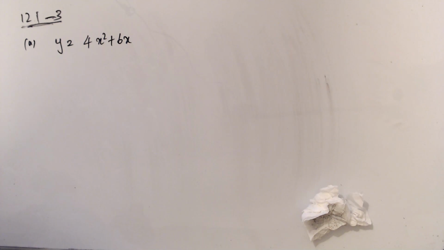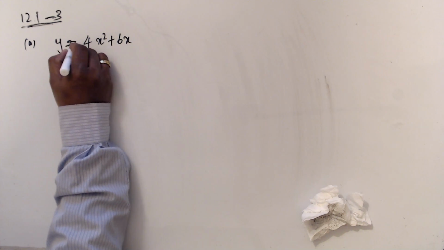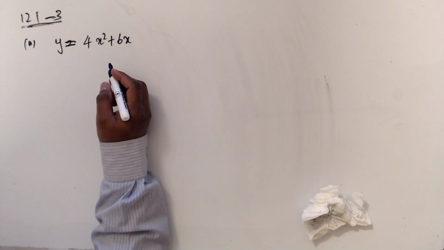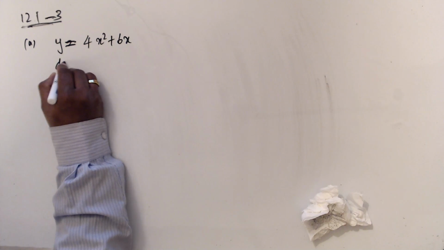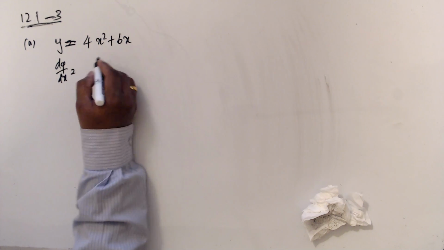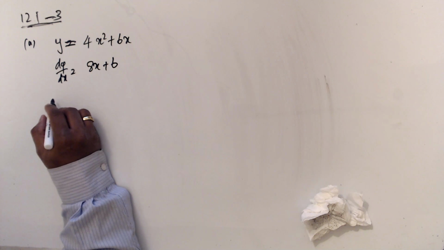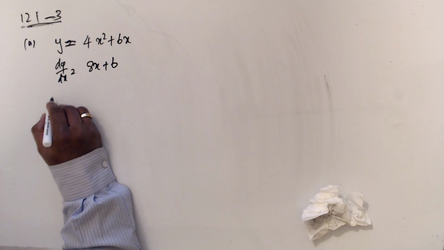For that, at the stationary point, dy by dx is 0. So first of all find dy by dx. So this is 8x plus 6. Now we'll make it 0 to find the stationary point.